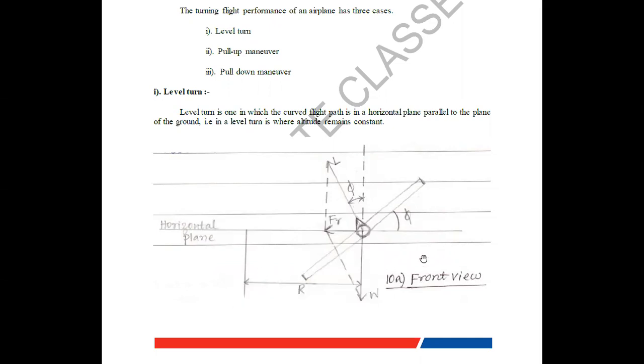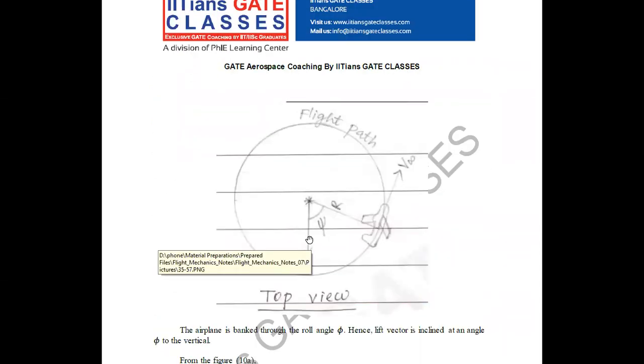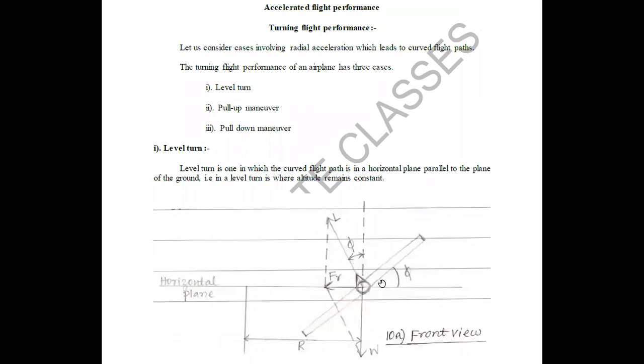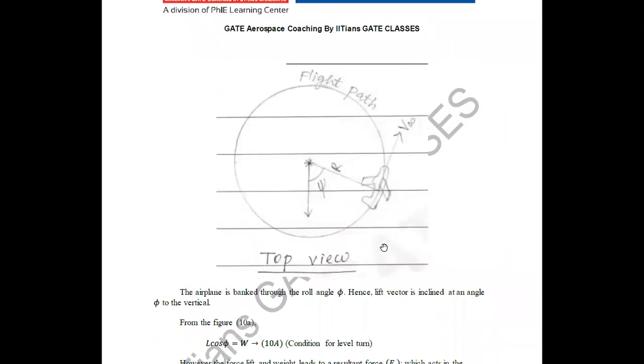This is the front view of the airplane. In top view, the airplane looks like this. That is, the airplane is going in a circular motion at a constant altitude. In this, the airplane is banked at an angle phi, where the lift vector is tilted.